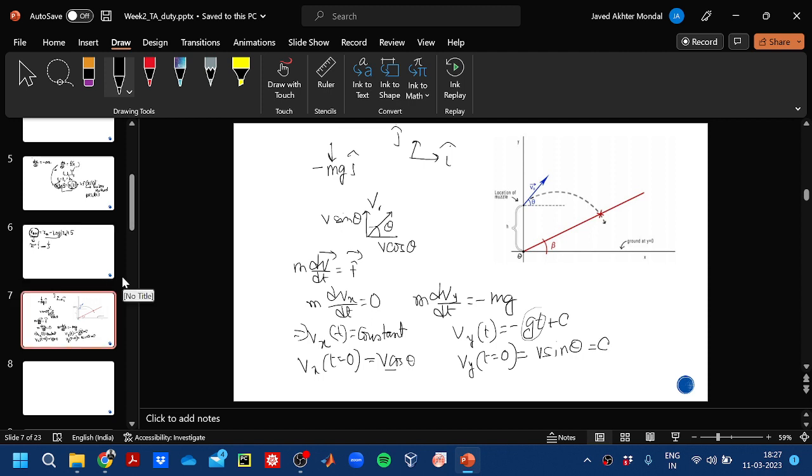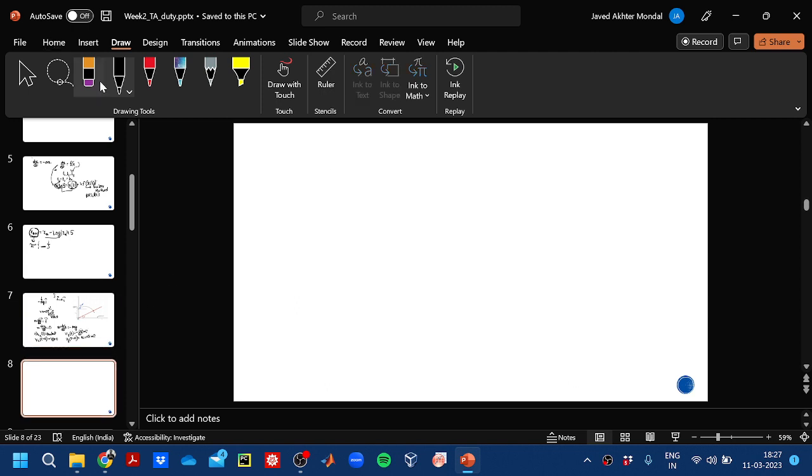So we can write our velocity components. Vx turns out to be V cos theta, and Vy turns out to be minus gt plus V sin theta. So this is our velocity. Now if we want to calculate its position, then we have dx/dt equal to v cos theta.